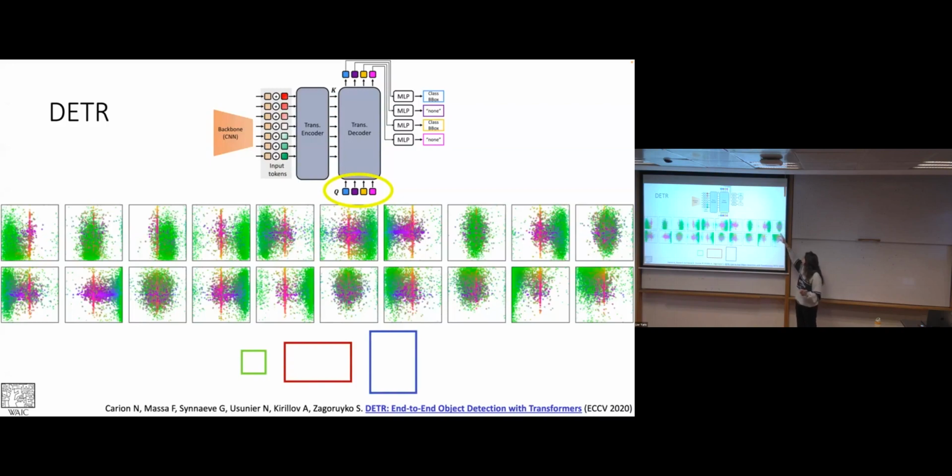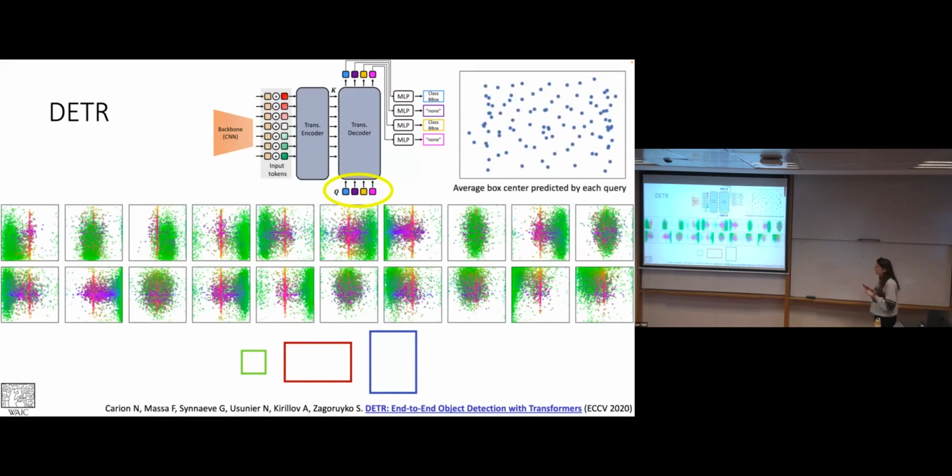Green is smaller bounding boxes, red is large and wide bounding boxes, and blue are bigger ones. So you see that the object queries are learned implicitly, and each one of them focuses on different regions in the image, because this is for the whole validation set, so it's very wide. Each one has a different purpose, a different region it needs to detect for.